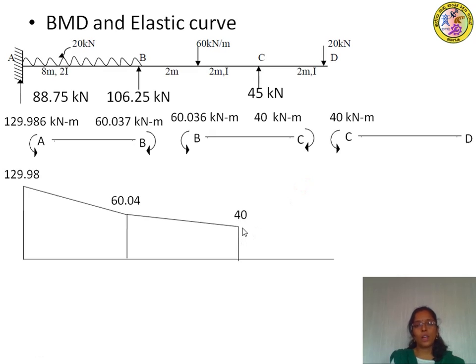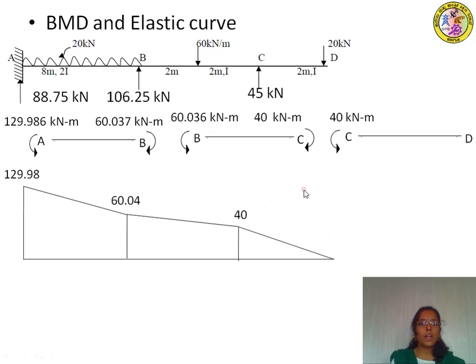Next for the CD member, C is the left end, so the left thumb is again moving upward, so the same point holds good. At D the moment is 0, so we join from 40 to 0. This is the support moment diagram, over which we have to superimpose the free bending moment diagram.